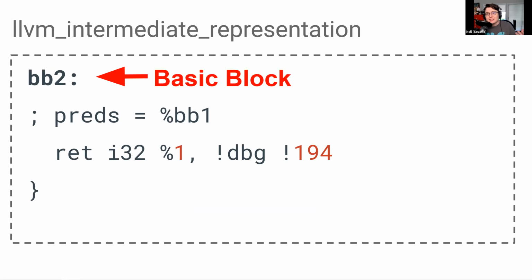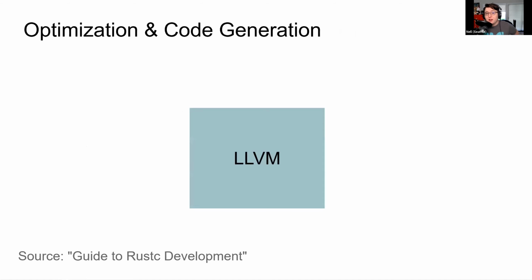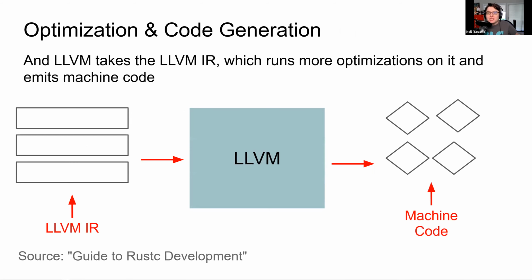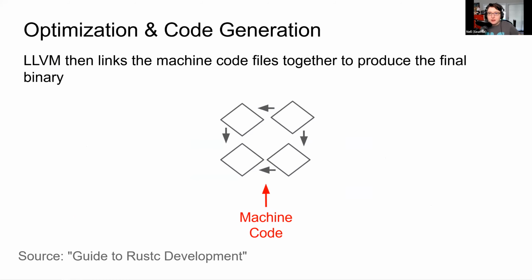And you can see that it's still organized into basic blocks like in the MIR. We then use LLVM and pass it the LLVM-IR, and then it runs more optimizations on it and emits machine code. And then it links the machine code files together to produce the final binary.